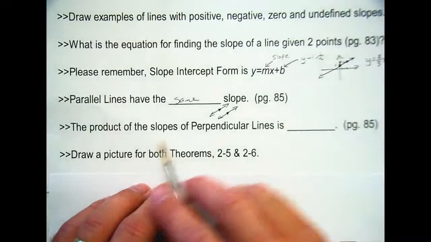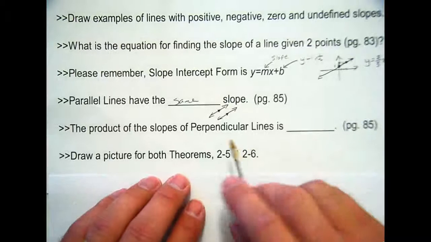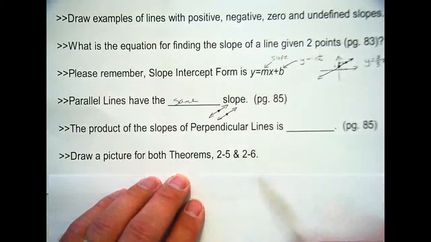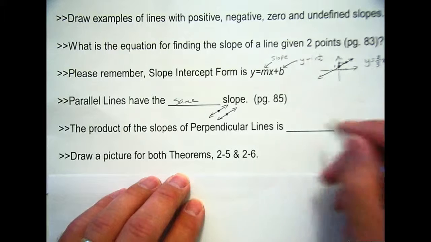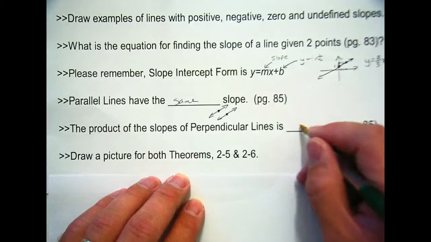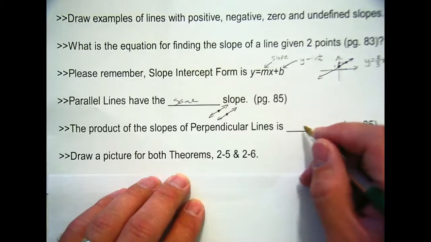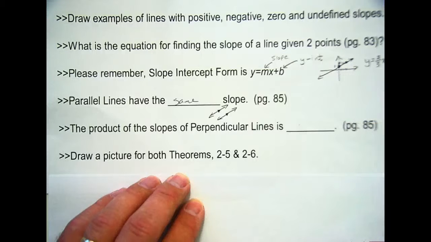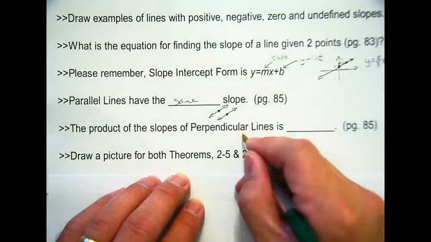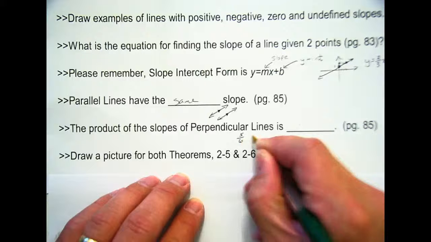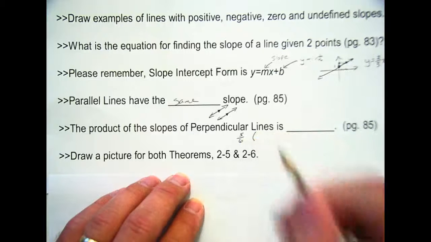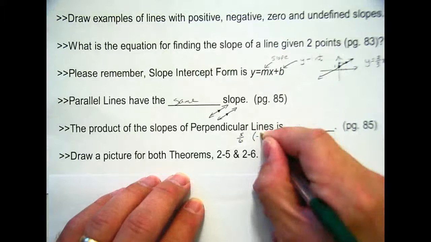M is equal. The product of the slopes: if I multiply the two slopes together, Emily? It is equal to not 1. It is a reciprocal. So if I knew one slope was 5/6, the other slope would have to be negative 6/5.